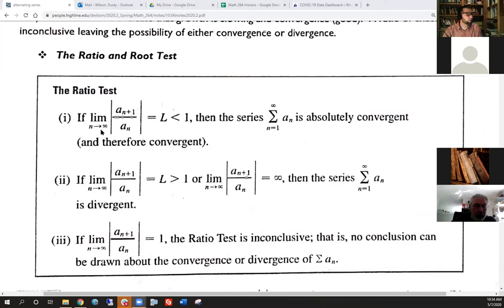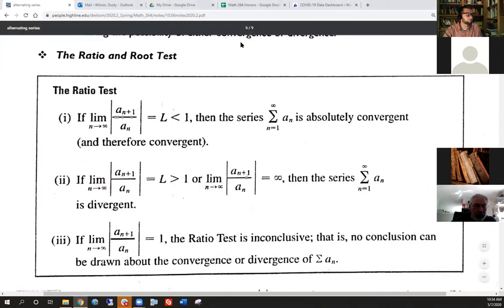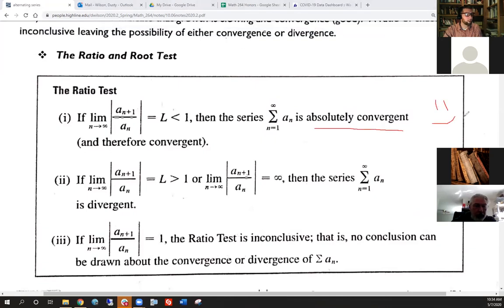If the limit of the ratio of the terms is less than 1, then the series is absolutely convergent. We like this one. This is happy. Think COVID's going away. If the limit is bigger than 1, then the series diverges. Think COVID's expanding. That's bad.